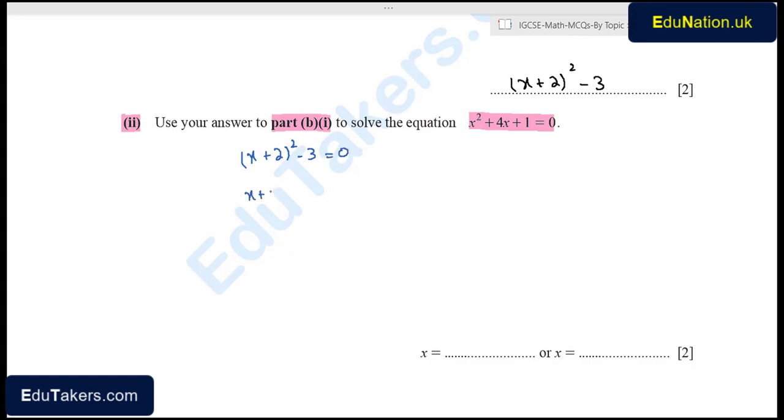From this, (x + 2)² = 3, taking square root on both sides. So x + 2 = ±√3. Then x = −2 − √3, or x = −2 + √3.